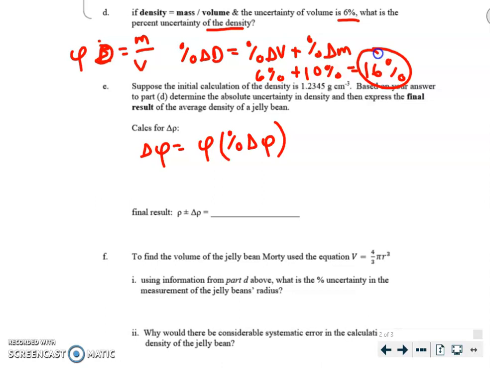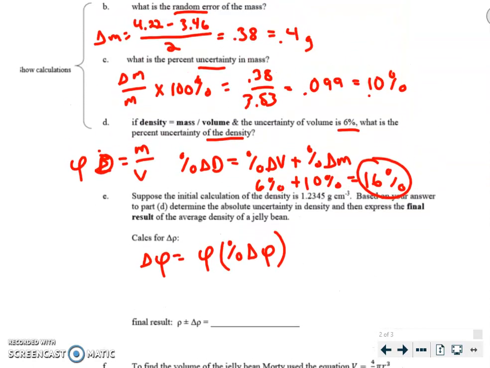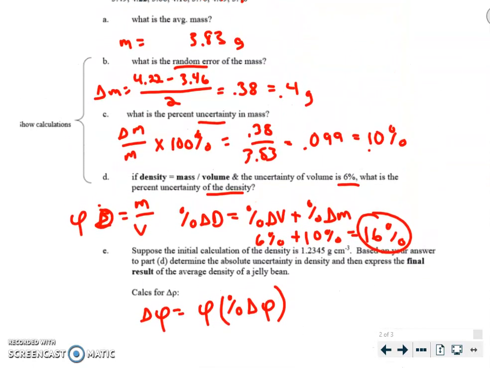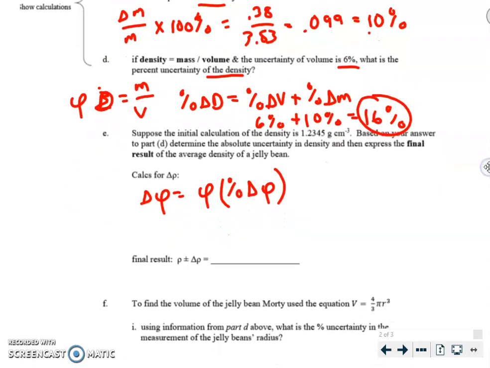Okay, so our density we calculated. Did we calculate it somewhere? Oh, I'm sorry, it's given. So it's going to be equal to 1.2345 times 16%, or 0.16. And when I multiply that out, I get about 0.20. And there are units with this. It's a density, so it's grams per cubic centimeter.